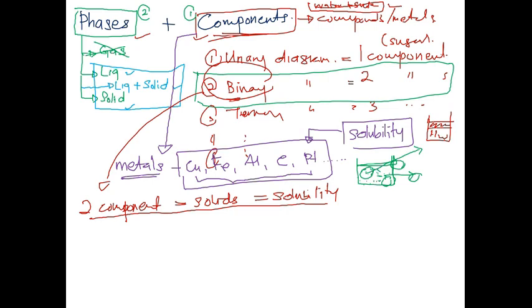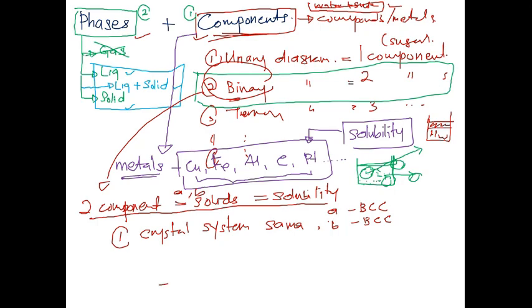The first criterion is that both solids, solid A and solid B, must have the same crystal system. For example, if solid A has a BCC crystal system, solid B should also have a BCC crystal system.